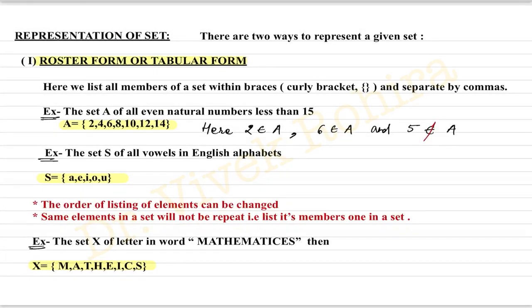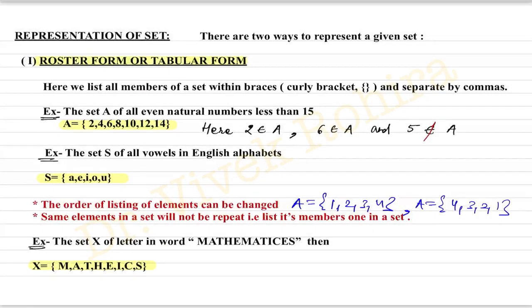Now the important things: the order of listing of elements can be changed in a set. That is, if we denote a set {1, 2, 3, 4}, then it can also be written as {4, 3, 2, 1}.